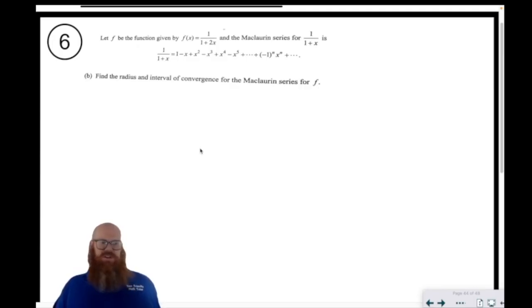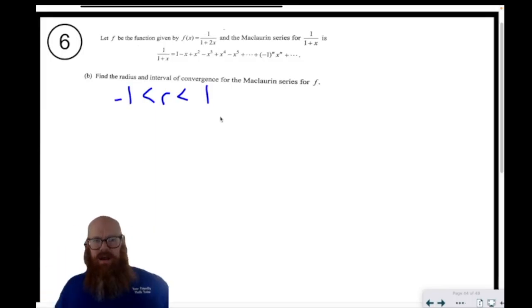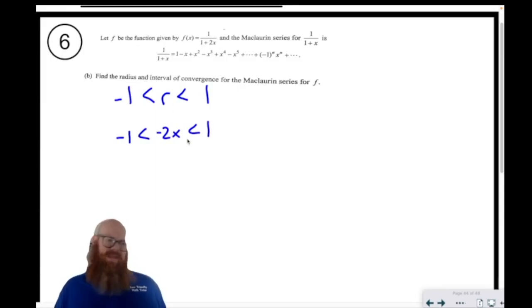A geometric series converges whenever the common ratio is between negative 1 and 1. Our common ratio here is negative 2x. It's kind of like our common ratio here is negative x, so if I just replace x with 2x, I get negative 2x.